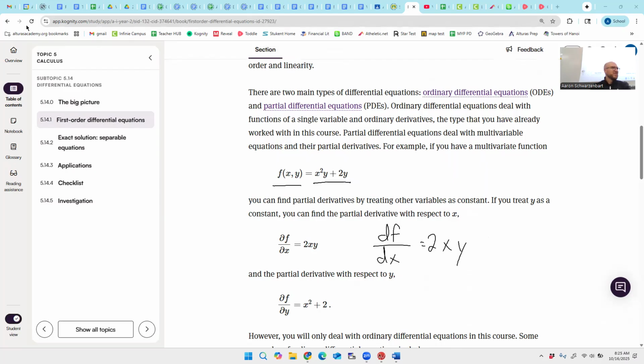Okay. So in this case, it would just be 2xy, plus 0. I see. So the next one here is with x being the constant. So we've got constant times y is x squared. Derivative of 2y is 2.